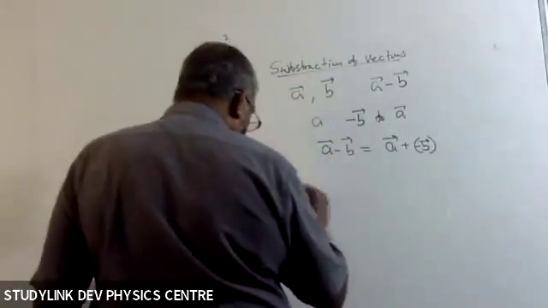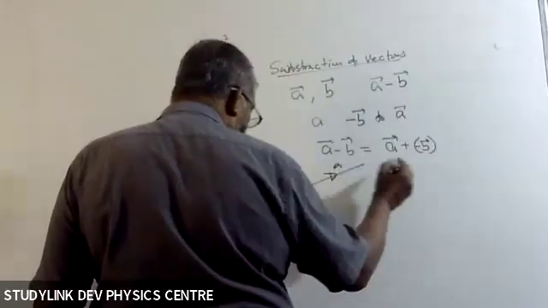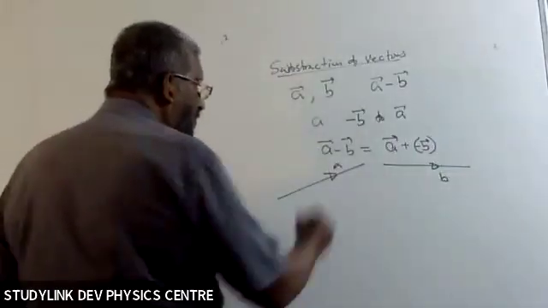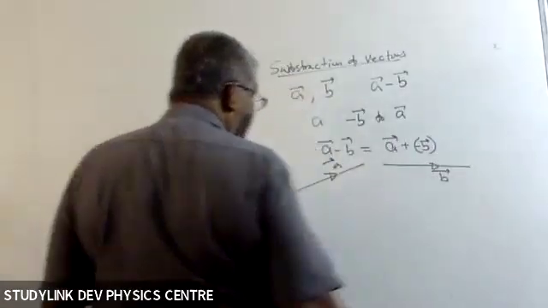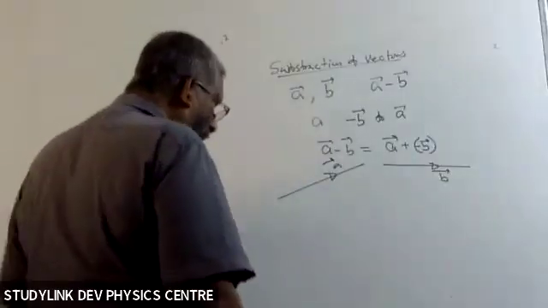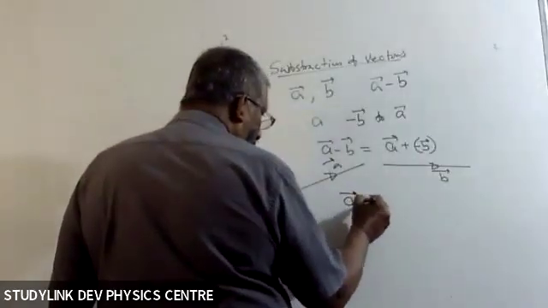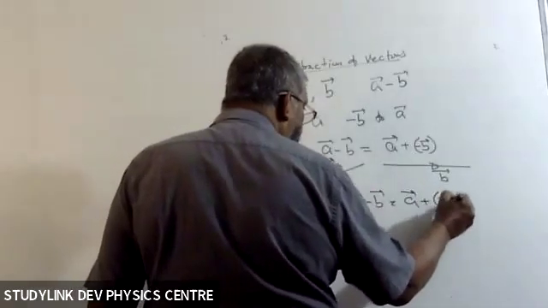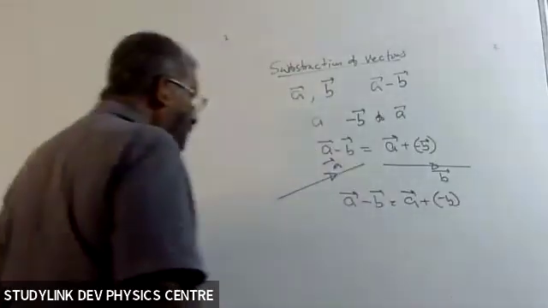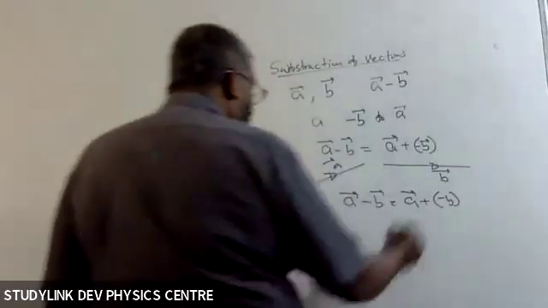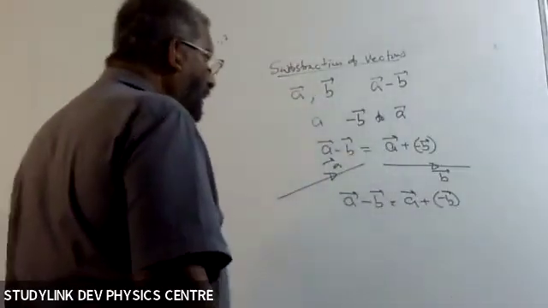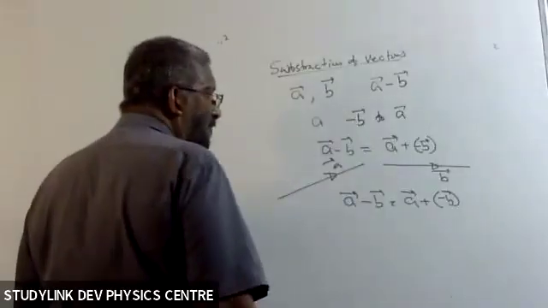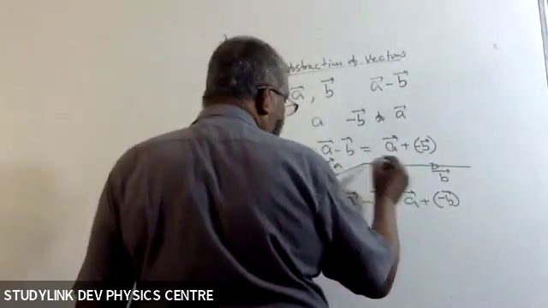We'll say vector A is towards that direction, vector B is towards this direction. Then A minus B is equal to A plus minus B. Minus means you have to change the direction of B. Say B starts from here.